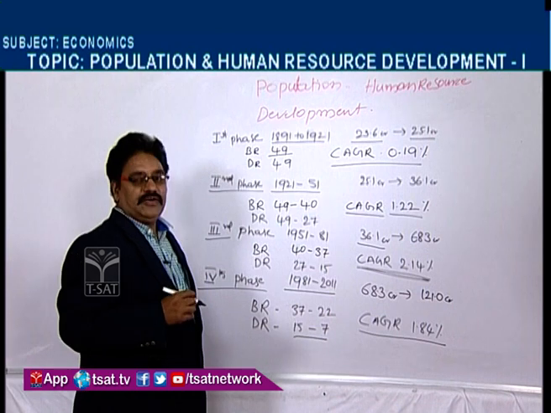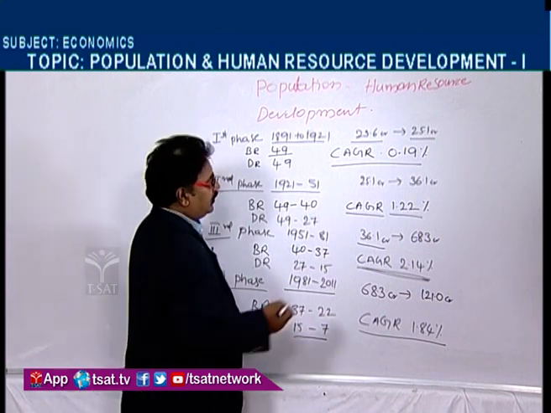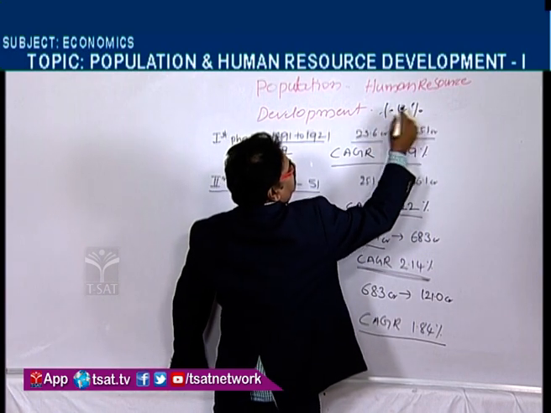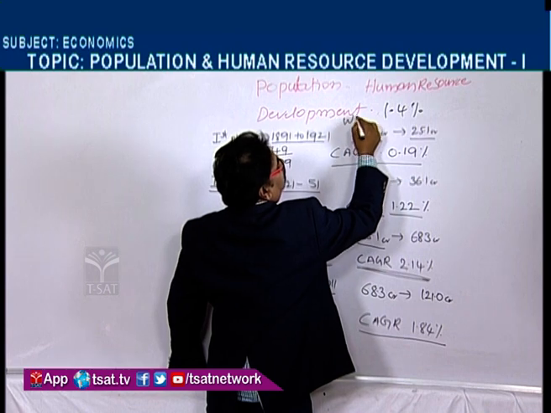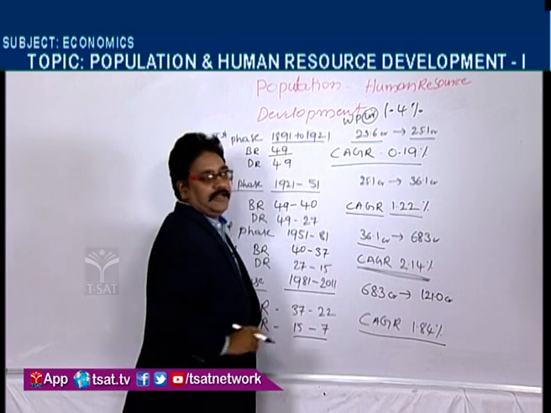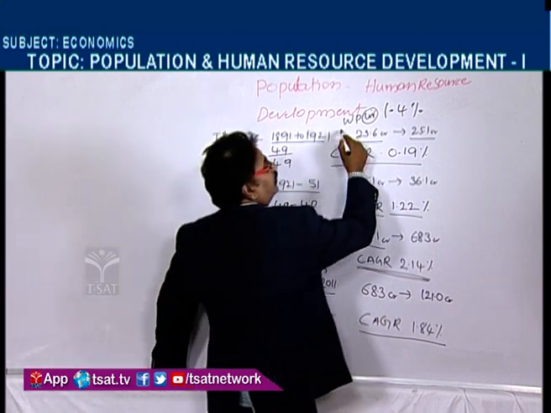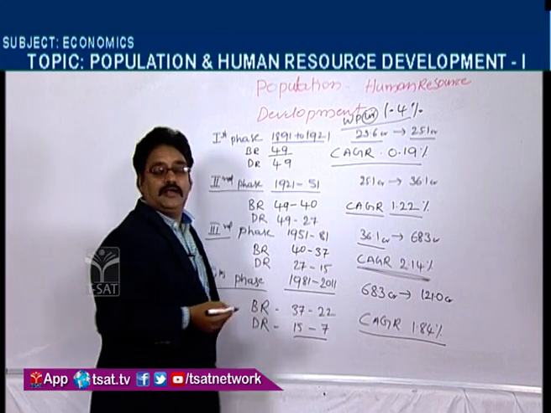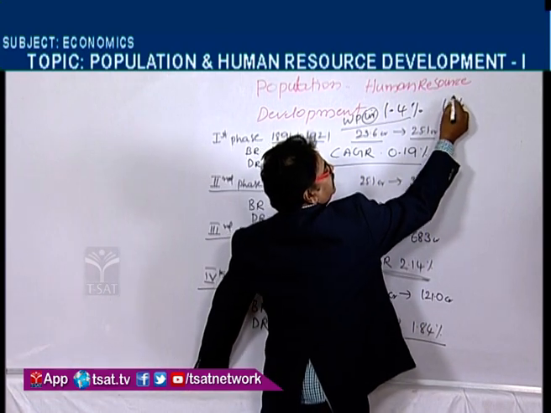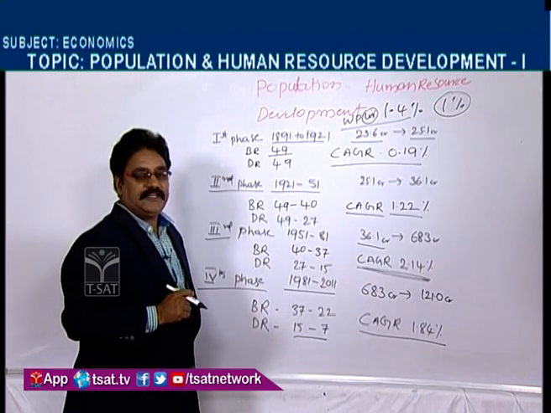In the world, the population is increasing at 1.4%. The world population compound annual growth rate is 1.4. Whereas in China, it is increasing at only 1%.